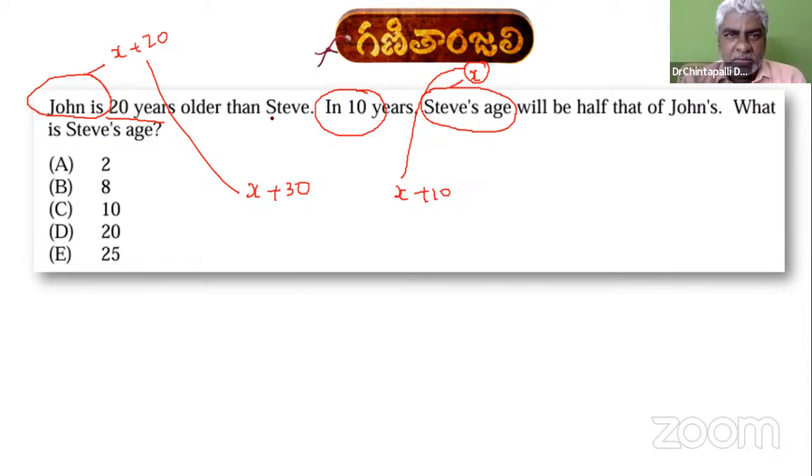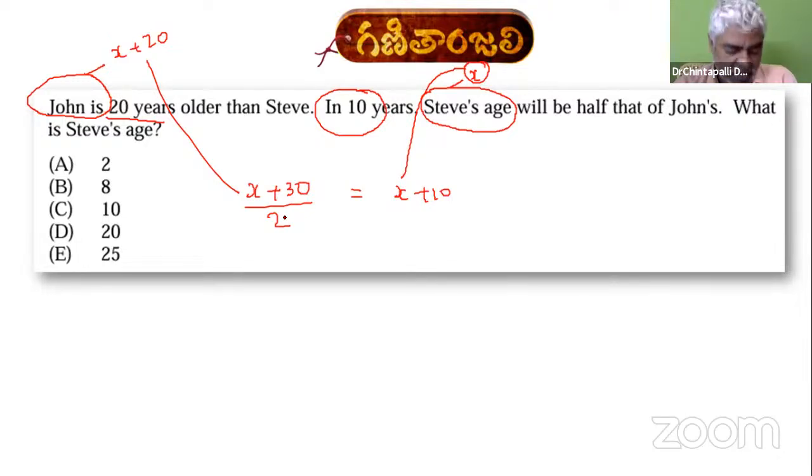In 10 years, Steve's age will be half of John's. That gives the equation. Got it? Yes, sir. I did something like that, but I switched the numbers.